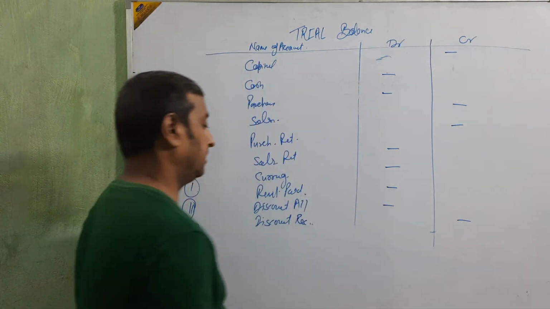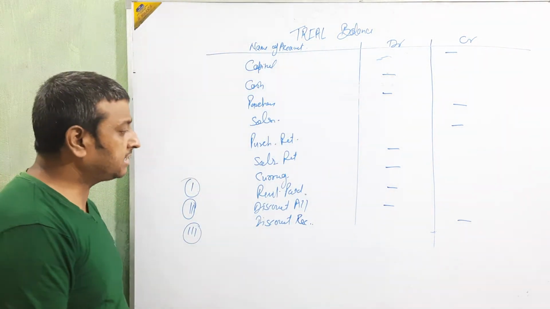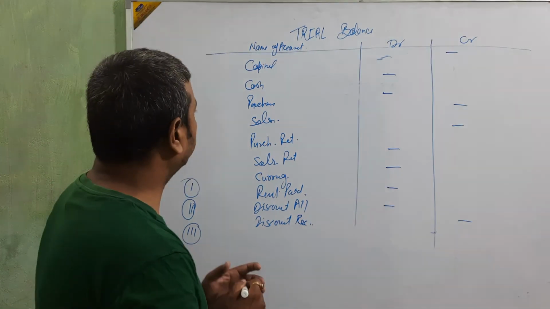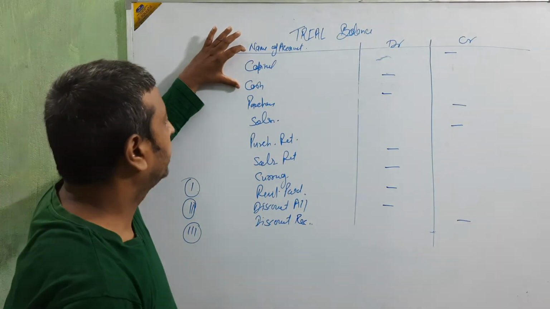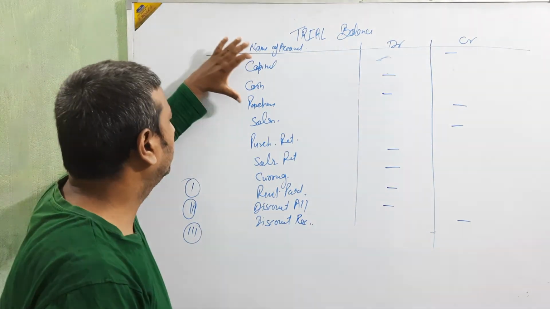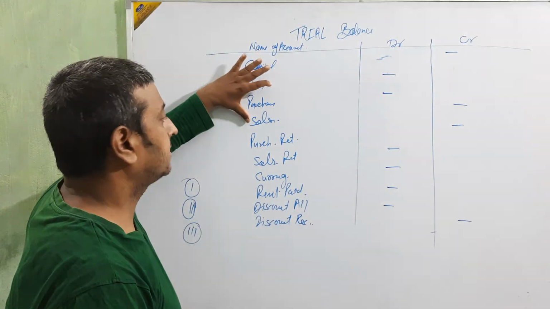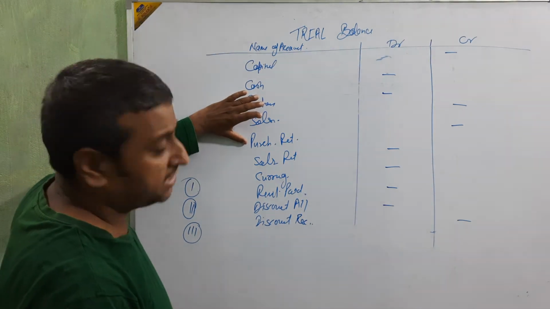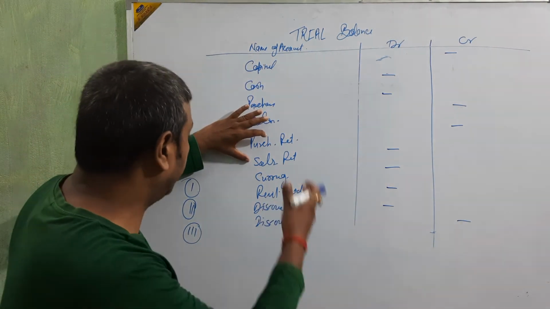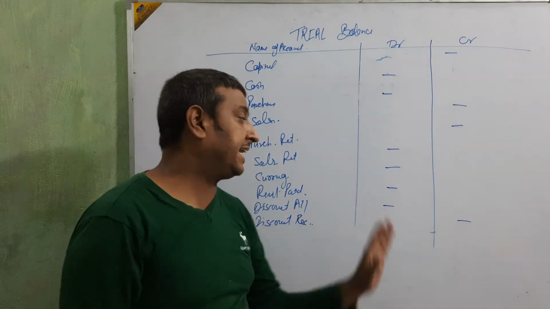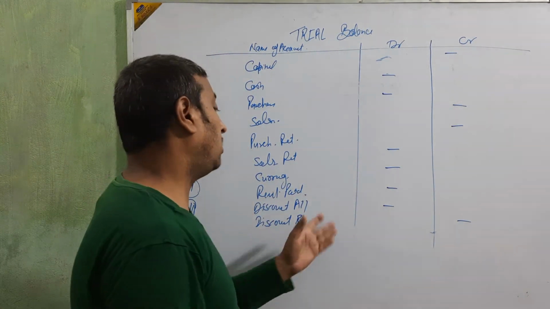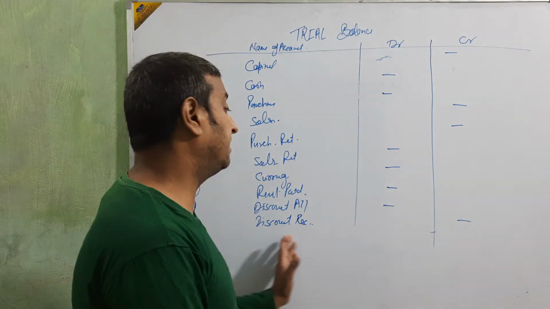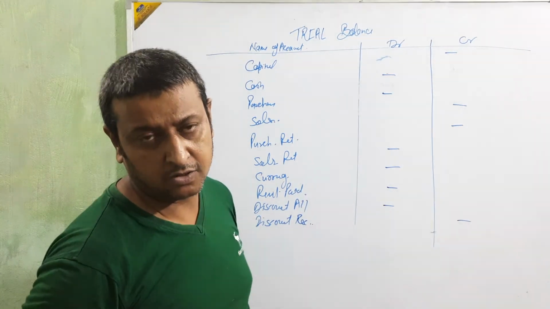Discount received, credit side. Okay beta? On this basis we present, because capital is a liability, so credit. Cash is an asset, so debit. Purchase, debit. Sales, credit. Purchase return, credit. Sales return, debit. Carriage expense, debit. Rent paid expense, debit. Discount allowed is an expense, debit. Discount received is income, credit. Okay beta?